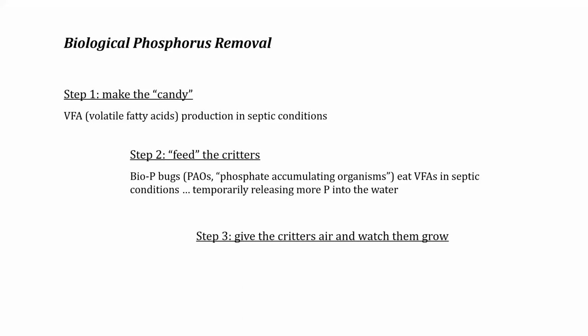The third step is once you've energized, they're not growing, and in fact, they're releasing phosphorus in the solution into that second step as they feed on the volatile fatty acids. The phosphorus that's in your raw wastewater actually gets removed in the aeration basin. That plus the phosphorus that just got released while these critters were getting energized.